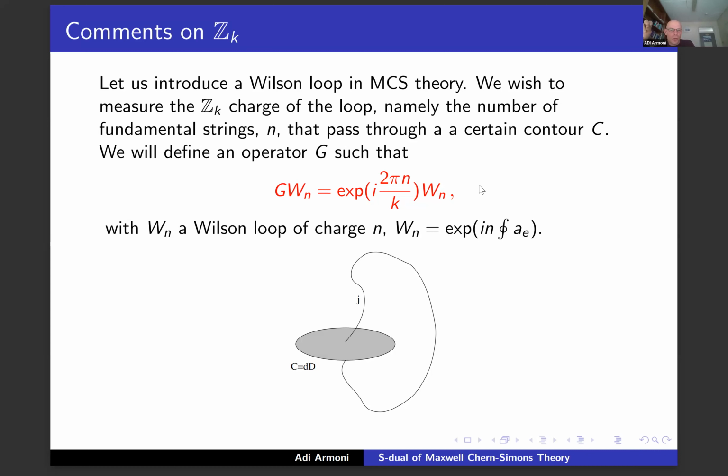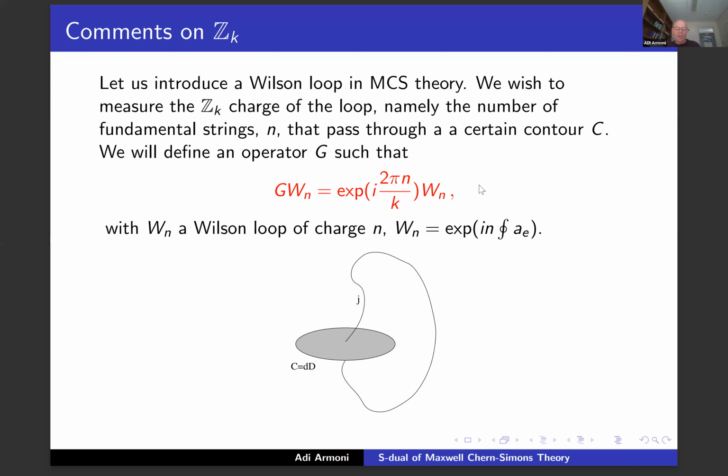go through a certain contour or intersect a disk, which is the shaded area, whose boundary is the contour C. If the string that intersects the disk is the fundamental string, I can think about either one string which is a bound state of several fundamental strings, or the intersection of multiple fundamental strings, and they have some charge, which is the number of fundamental strings that intersect this disk.